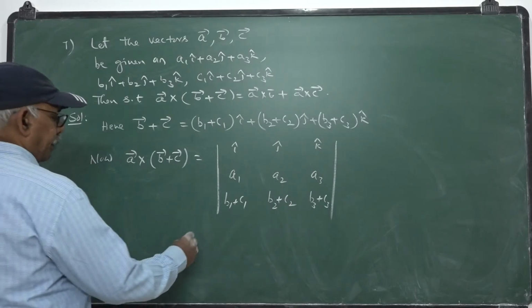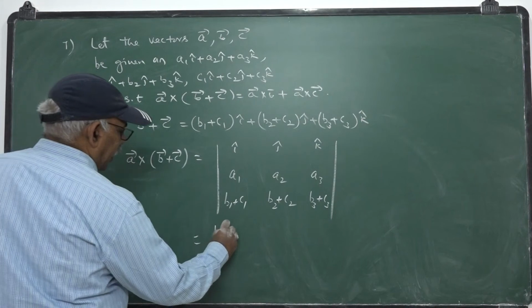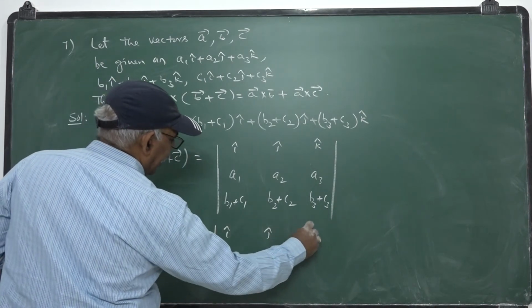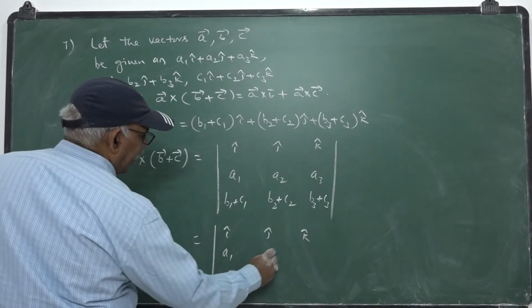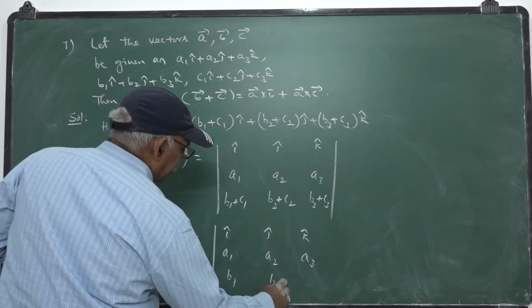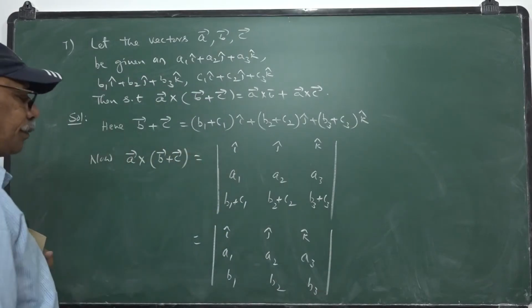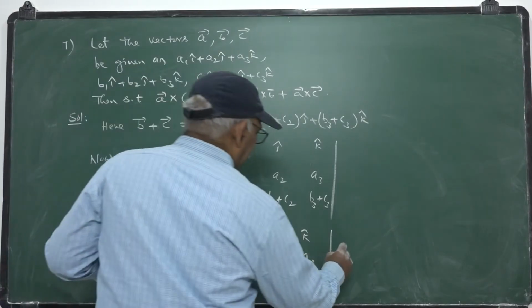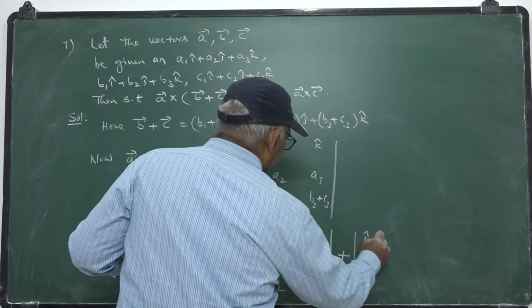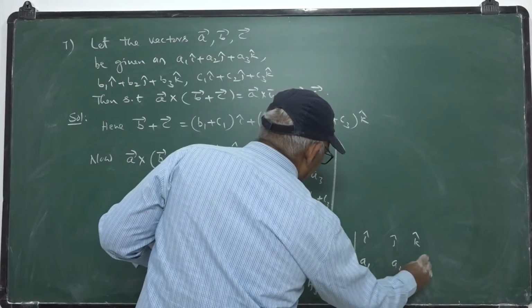This determinant may be written, by determinant properties, as i, j, k; A1, A2, A3; B1, B2, B3. Plus, by determinant properties, you can write it as i, j, k; A1, A2, A3.